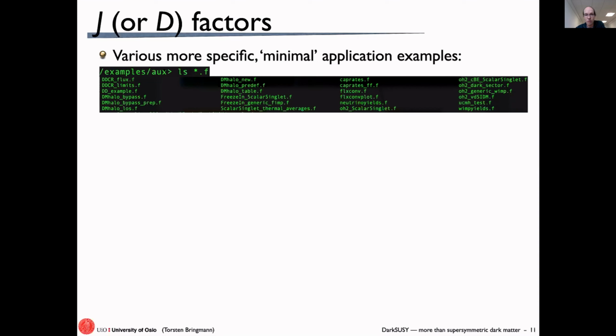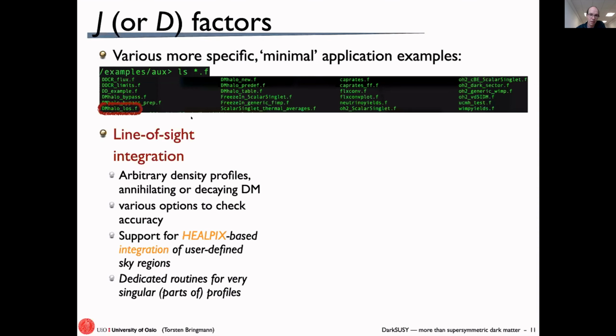If you go to this folder after having downloaded the code, you can list all these example programs, which are dedicated minimal examples. In particular, there's this example here that demonstrates how to use the line of sight integration routines in DarkSUSY. There are various options. There's some HEALPix support for HEALPix integration.